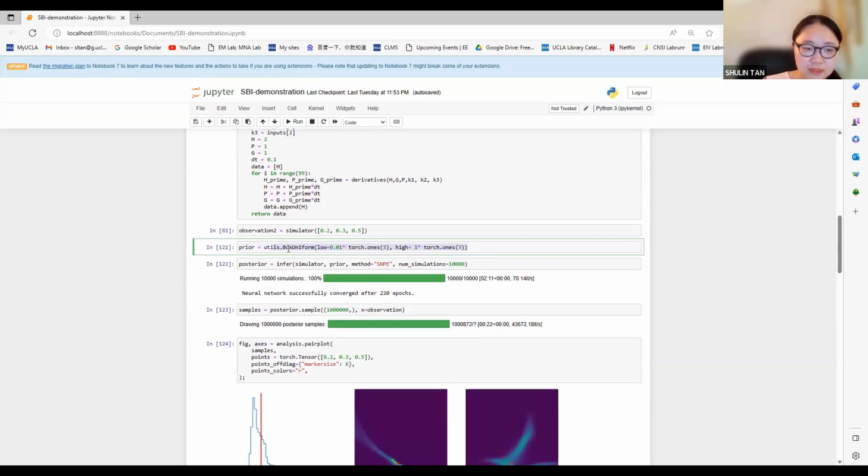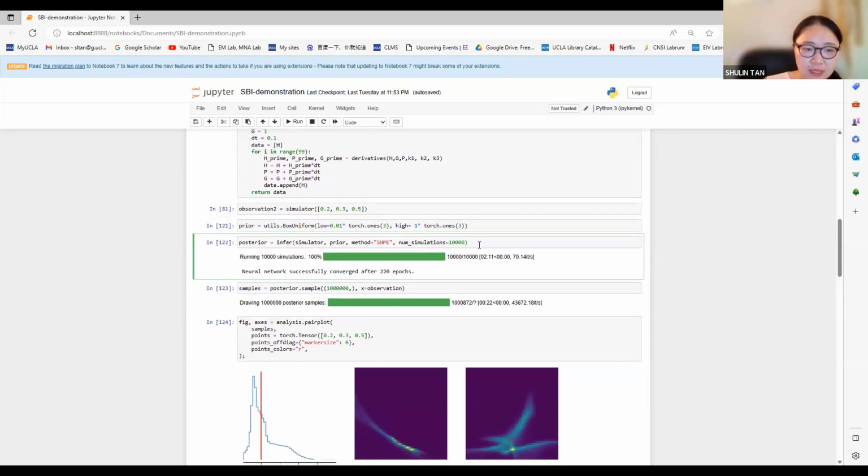Basically I suppose that my parameters are going to follow a uniform distribution from 0.01 to 1.